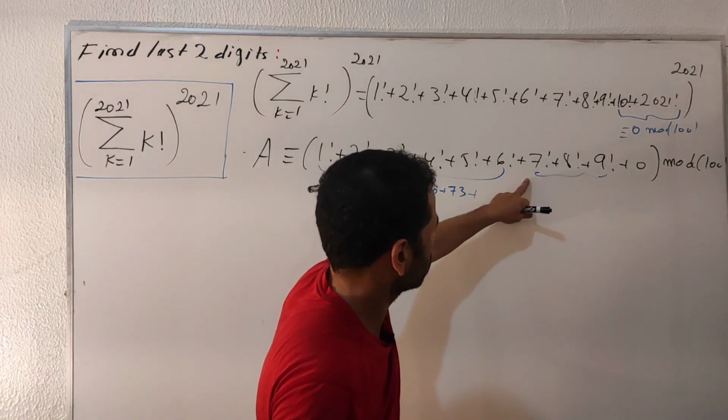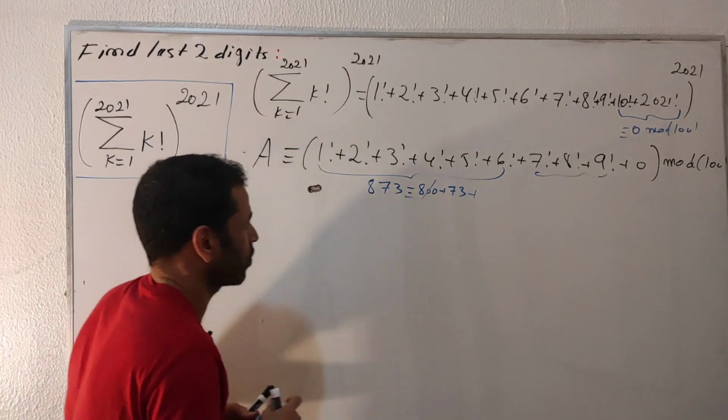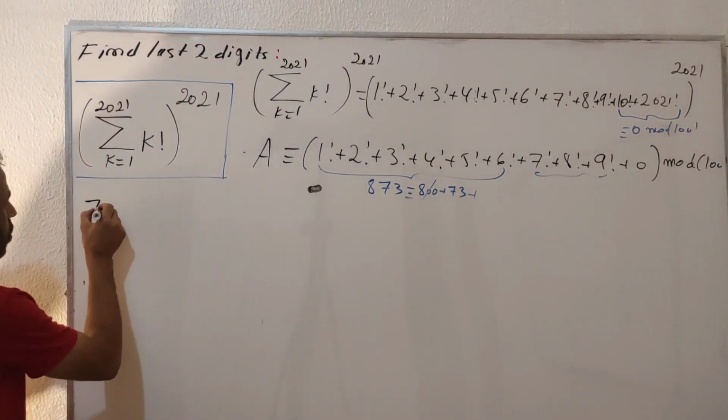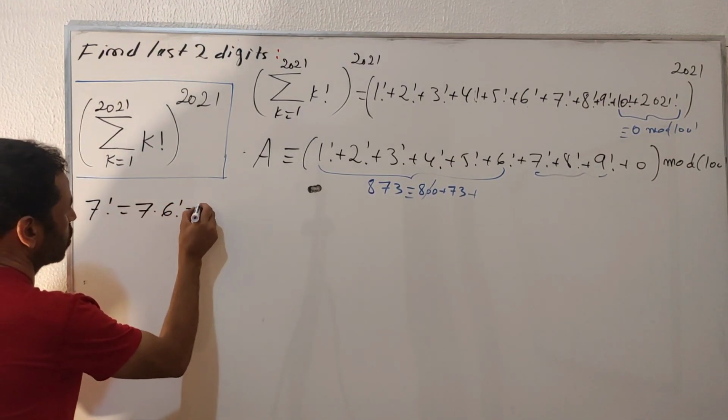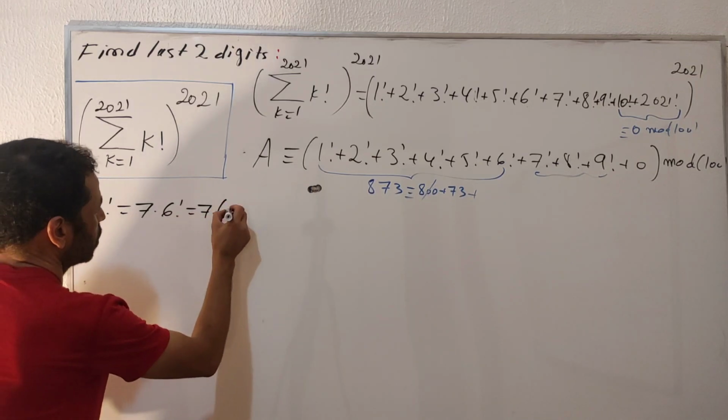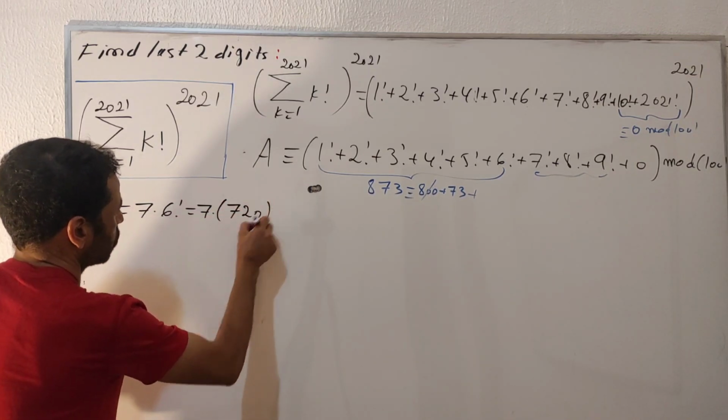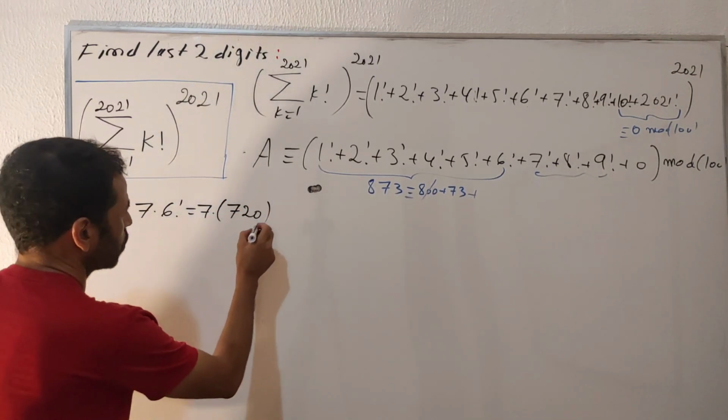So let's check the remainder of 7 factorial, which is a more known value. 7 factorial is 7 multiplied by 6 factorial. 6 factorial is 720.